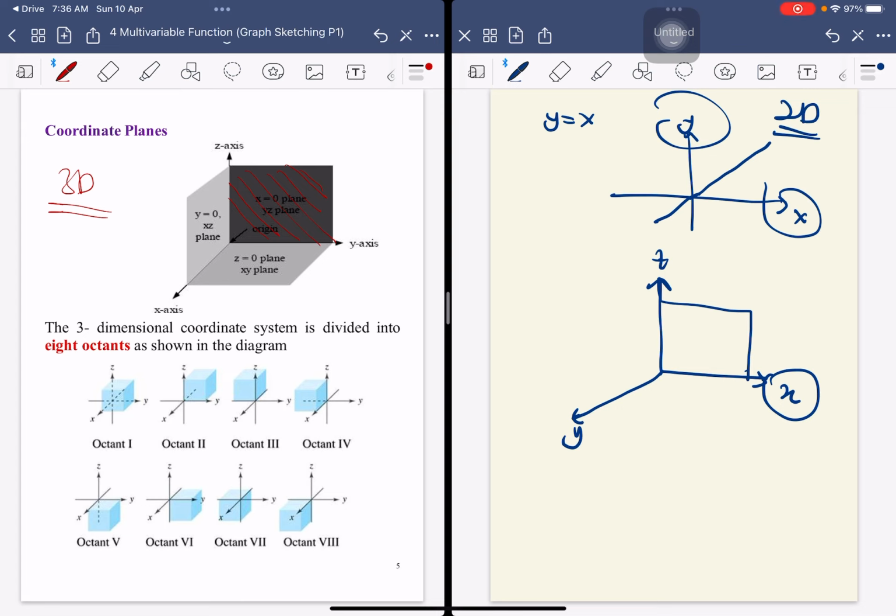Like I said, to sketch a 3D graph is not easy.